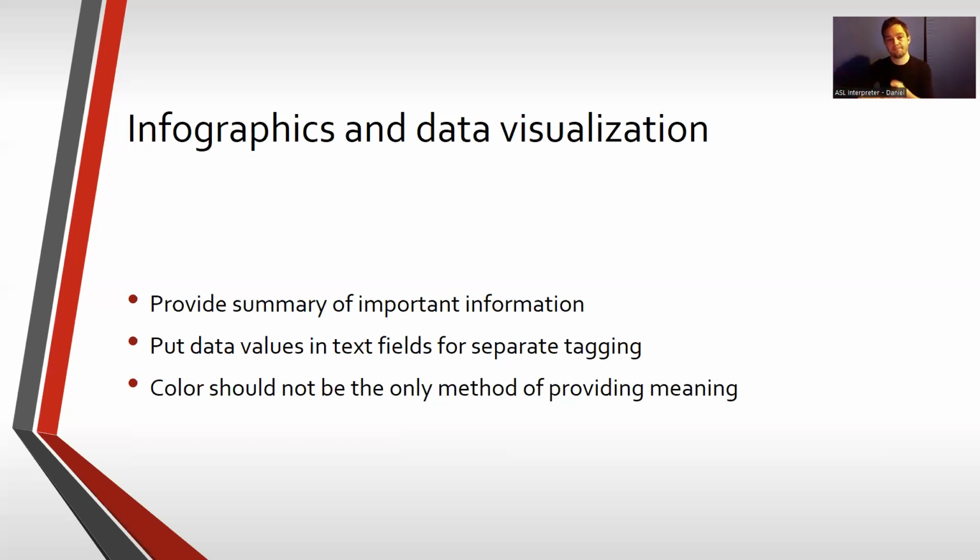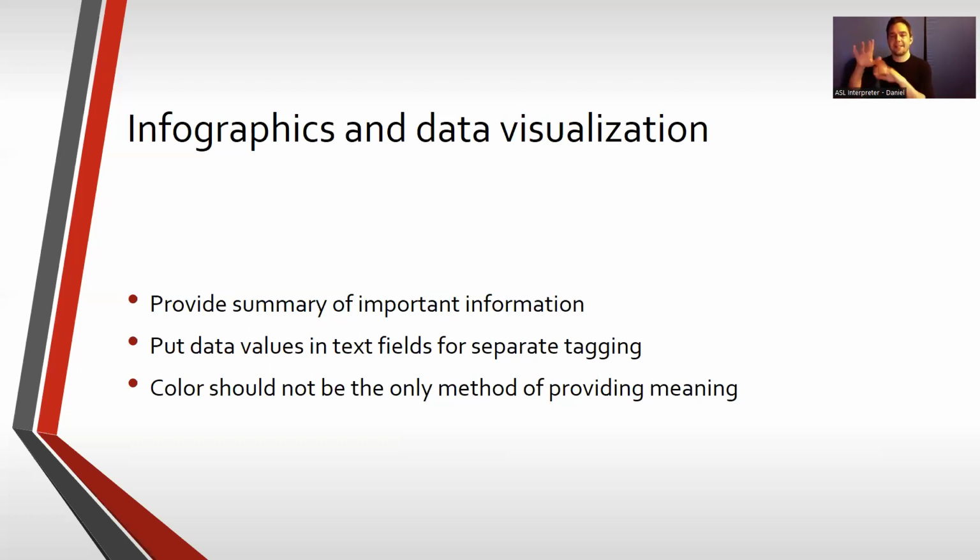First, in the alt text of that infographic or that data table or chart, provide a summary of the important information. So give them the name of that chart, give them what it's supposed to be telling them, and then if you can, put the data values associated with that infographic or the chart in separate text fields so that they can be tagged, but the actual image or chart can be skipped.